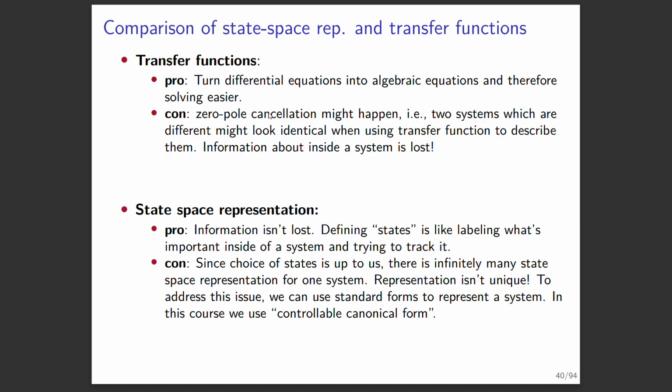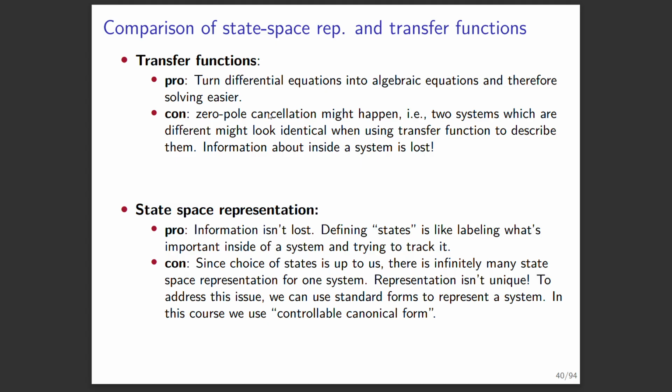Zero pole cancellation causes problems because there's information that is being lost, and the information is inside of the system. When you simplify the numerator and the denominator of a fraction, that information is lost. In mathematics, that's something we learn in middle school, but that is not a good thing here because you are forgetting what is happening inside of the system.